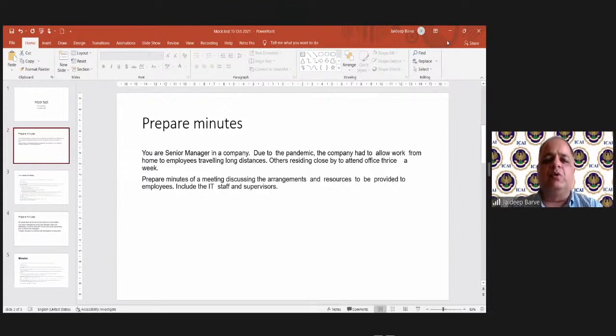So you are going to prepare the minutes of a meeting discussing the arrangements and resources to be provided to employees. In the minutes, you should include the IT staff and the supervisors.